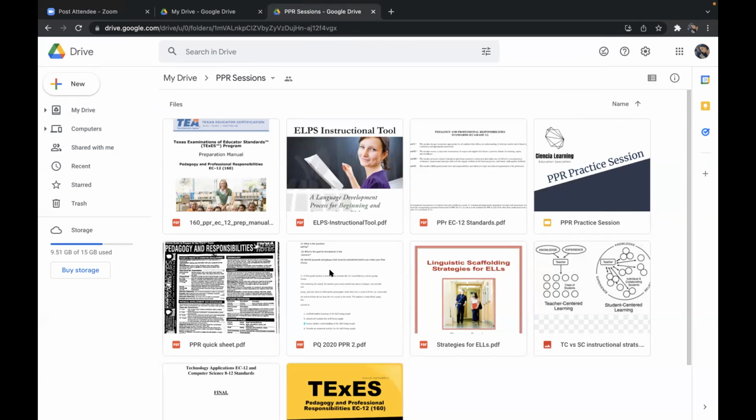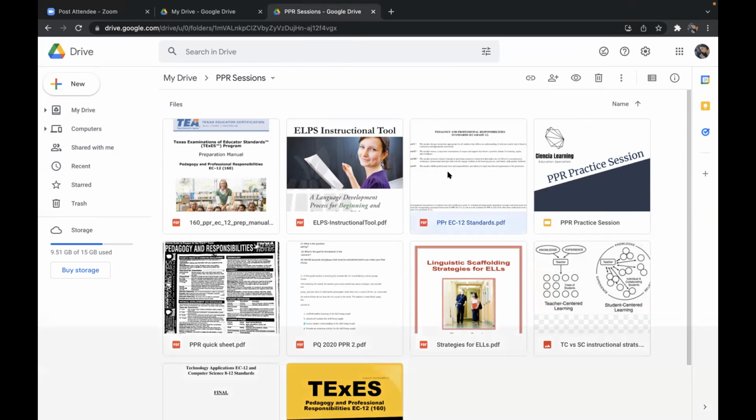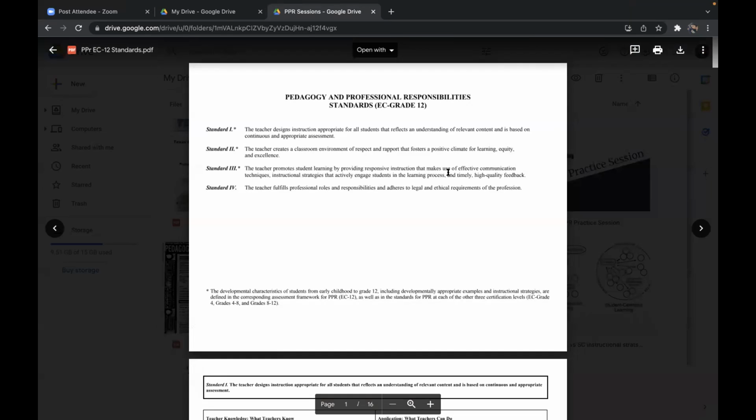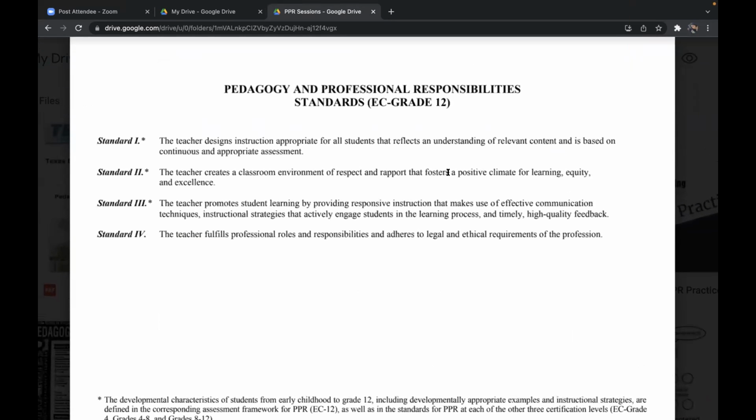So let me show you the standards document. Remember, we were talking about domains. Now, the test is built in domains. This is the document that the test maker receives from the state. Every content area and the PPR has a document assigned to their standards. And these are for all teachers, myself, you guys.